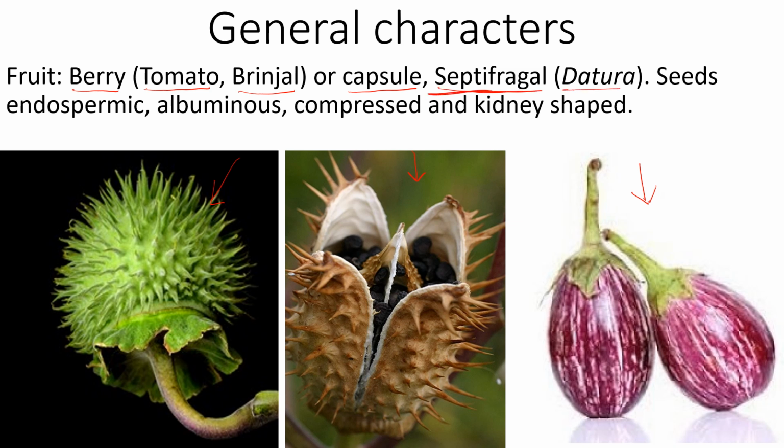Why is this called a septifragal capsule? Because here is actually the false septum, and here four valves. This one, two, this third, and this fourth part, which is getting separated along with the septum. Hence, the term septifragal capsule is used in this case.